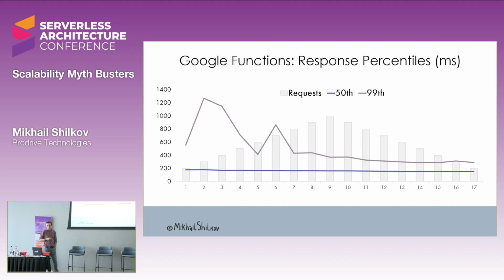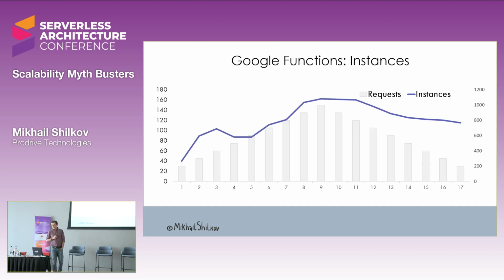So this is quite cool. Instance-wise, they provision more instances than Azure again, because an instance is a smaller thing. It's one concurrent execution. I'm not sure why it goes up and down like this, but that's what I measured.